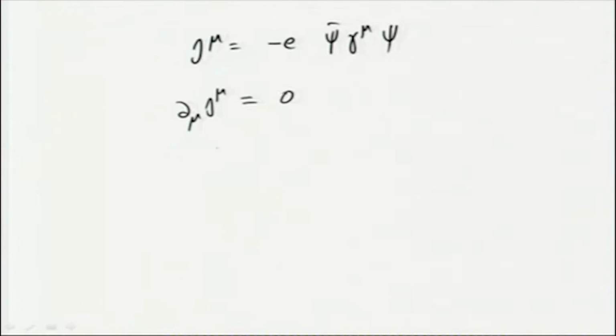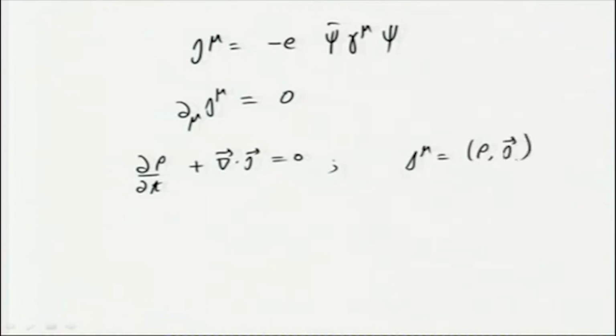This is basically the continuity equation dou by dou t rho plus divergence of j equal to 0, with j mu written as rho, the 0th component, and the vector j as the 1, 2, 3 components.